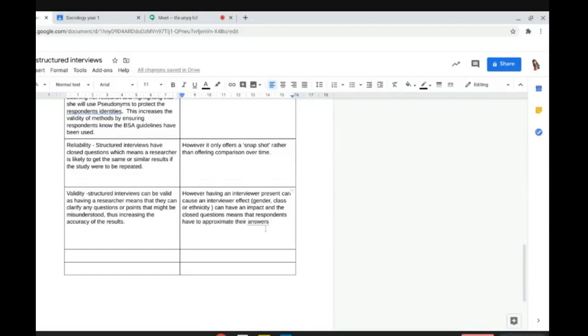So they have to pick one that kind of represents their view, so these answers may not fully represent their view. So it's not particularly valid because the interviewer effect can have an impact upon the respondents, and the closed questions mean that respondents have to approximate their answers so that they might not fully represent their view.